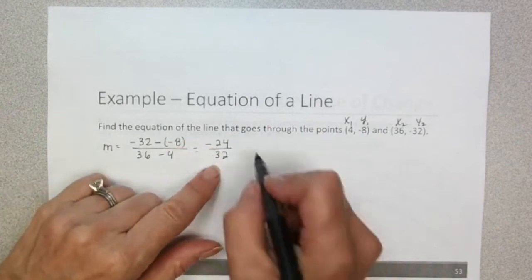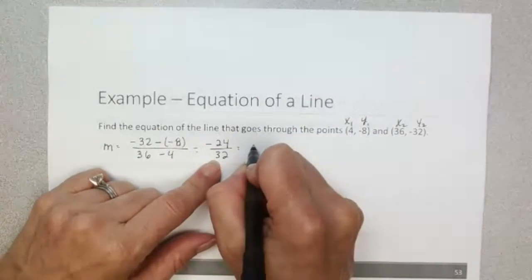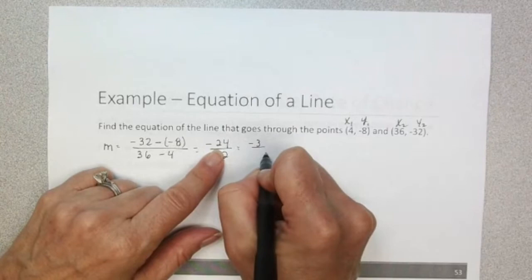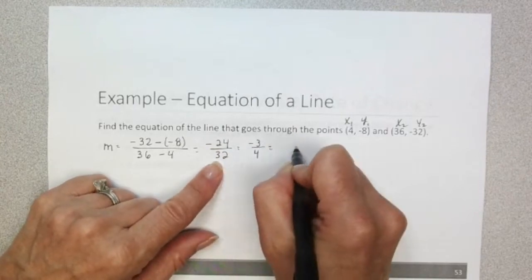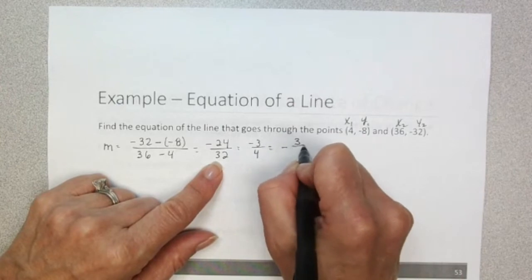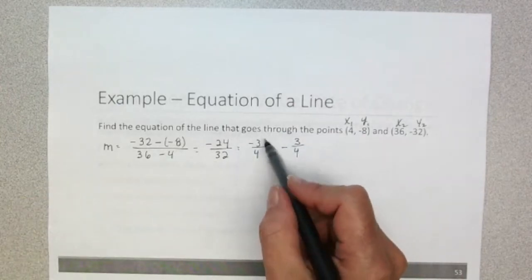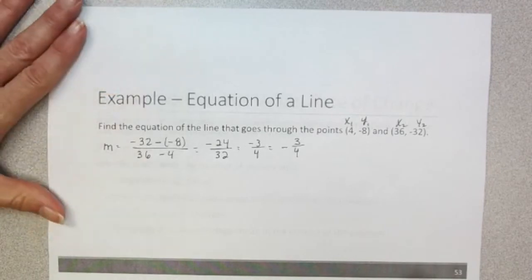That reduces down to -3/4. 8 goes into -24 -3 times, and 8 goes into 32 4 times, so my slope here would be -3/4, because -3 over 4 is the same as 3 over -4, which is the same as -3/4.